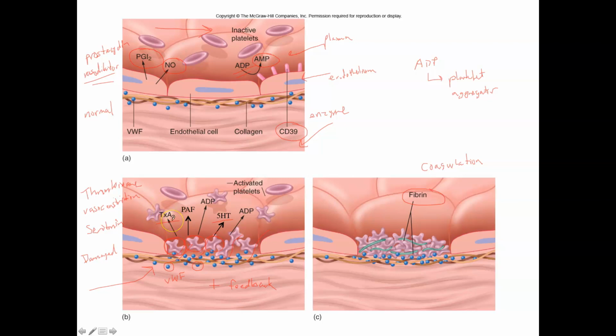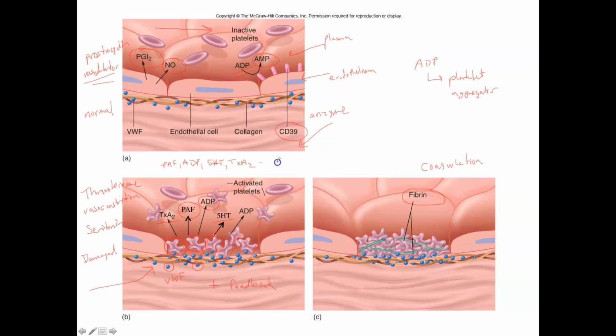What else is going on though? Well, thromboxane, serotonin, adenosine diphosphate. Okay, so this one right here, adenosine diphosphate. And then this chemical right here, PAF, that's platelet activating factor. All of those chemicals are acting as platelet aggregators. So platelet activating factor, adenosine diphosphate, your 5-HT, your serotonin, and then your thromboxane, so TXA2.